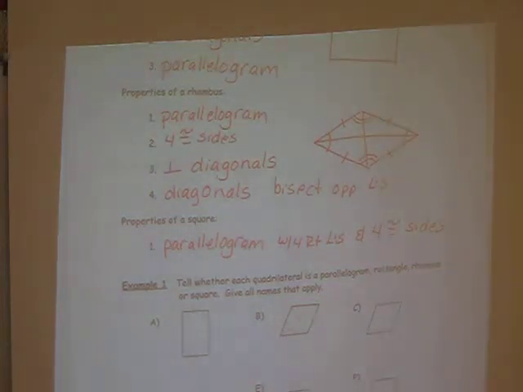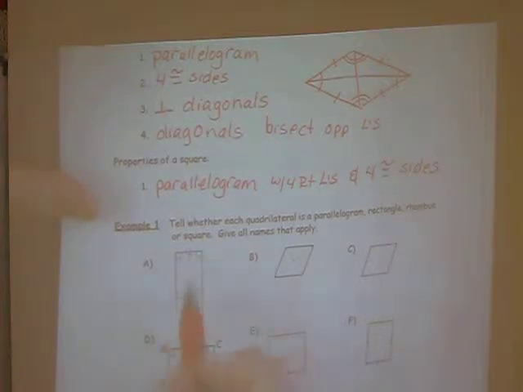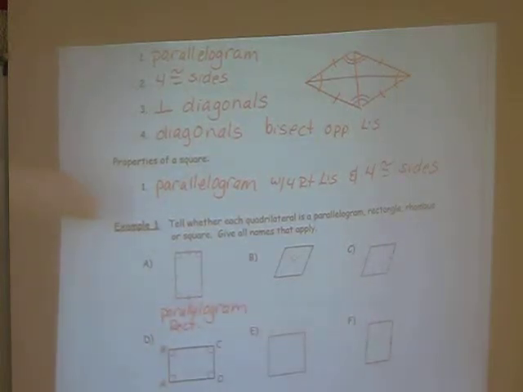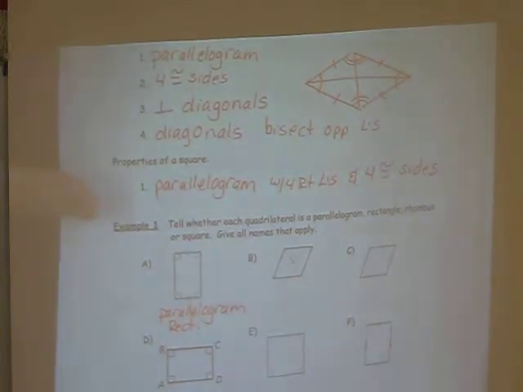Looking at example 1A. Since opposite sides are congruent, that tells us it's a parallelogram. And since it has the right angle, it tells us it's a rectangle. Letter B is kind of tricky.